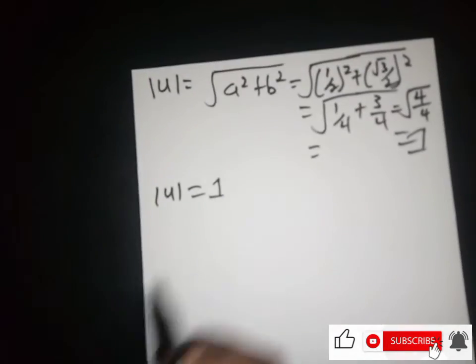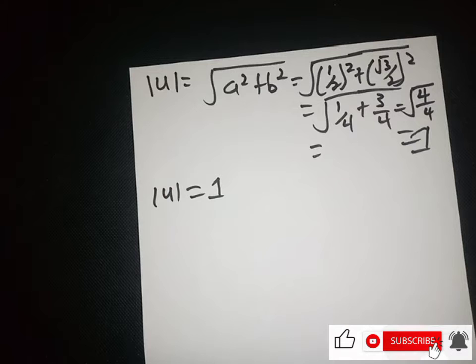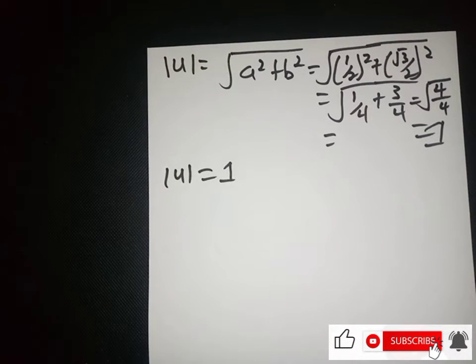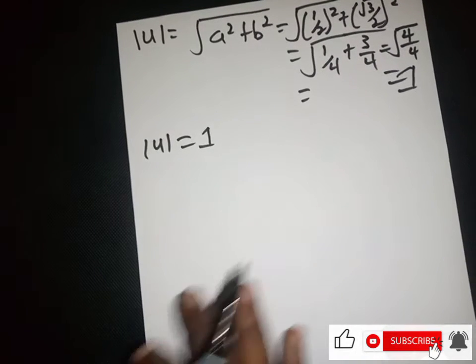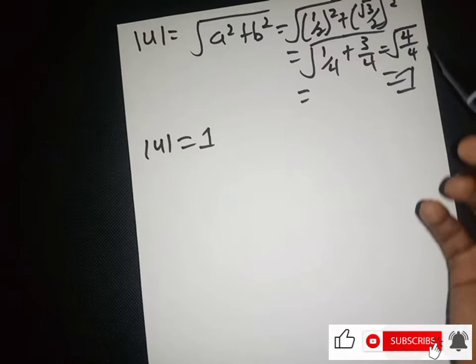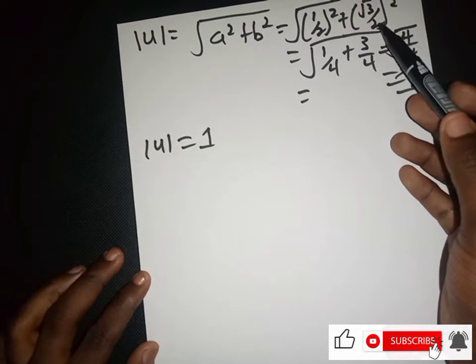Now the second thing we also have to do is to find the angle for that one, right? So in finding the angle, before we are able to write it in a polar form, we have to find an angle whose cos is 1 over 2 and whose sine is root 3 over 2, right?